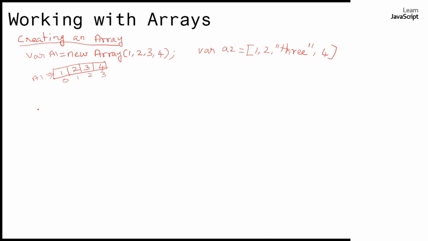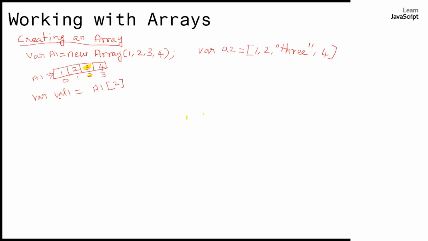So now if you want to retrieve an element, say for example val1 = a1 of 2. So now we are using a1 of 2, right? So the index we specified here is 2. So this will pick element 3.